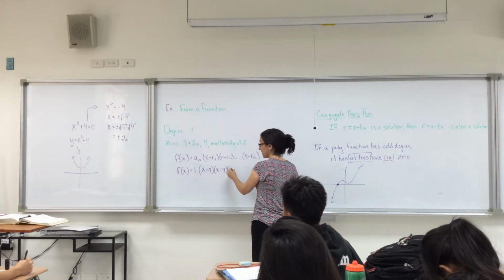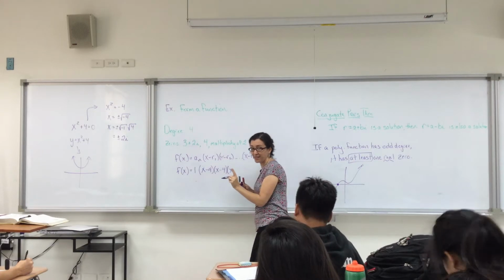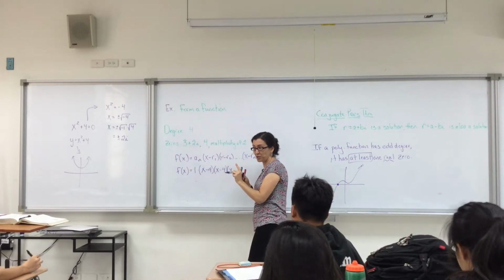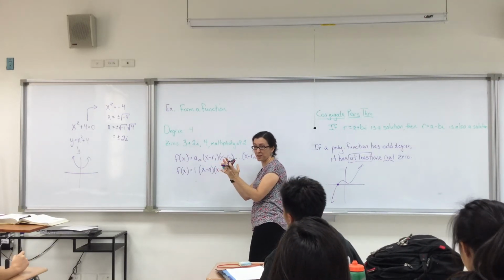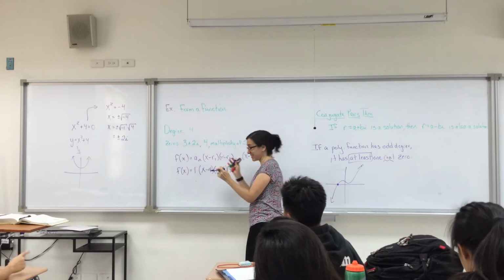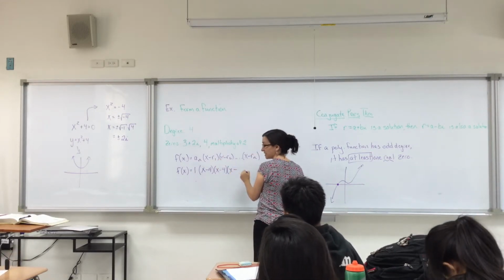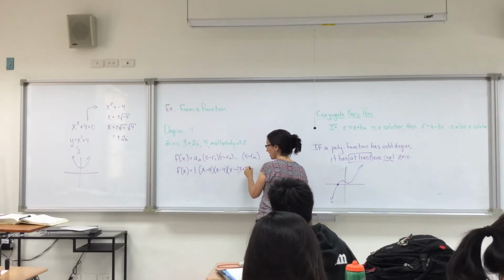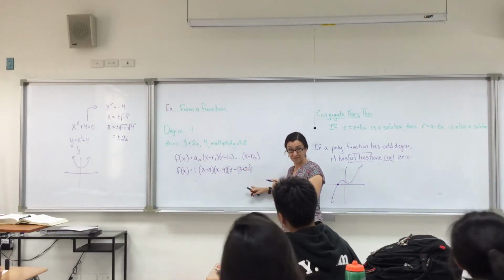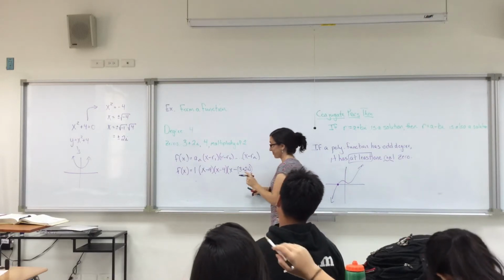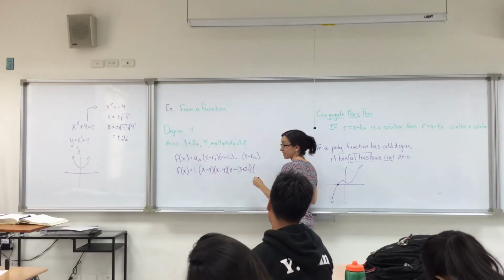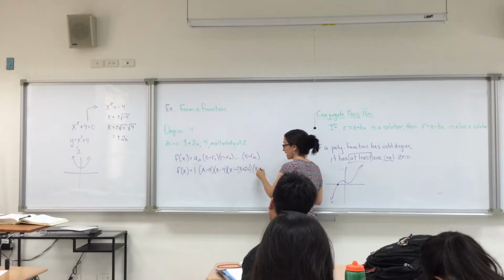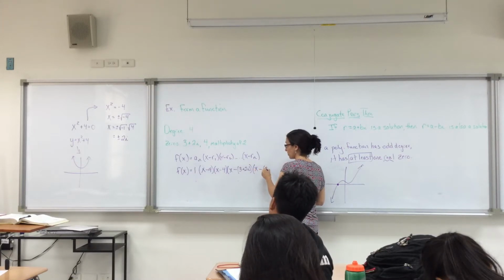X minus, okay. If I'm subtracting, do I have to put the 3 plus 2i in parentheses? Yes. X minus the quantity 3 plus 2i. You just carry the sign. Okay, what's the other one? X minus 3 minus 2i.